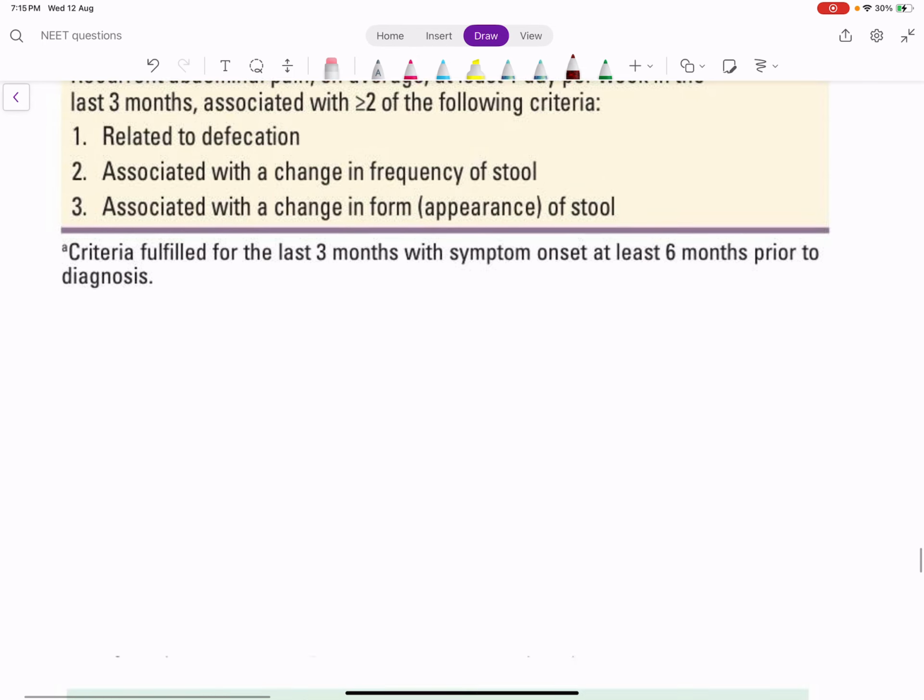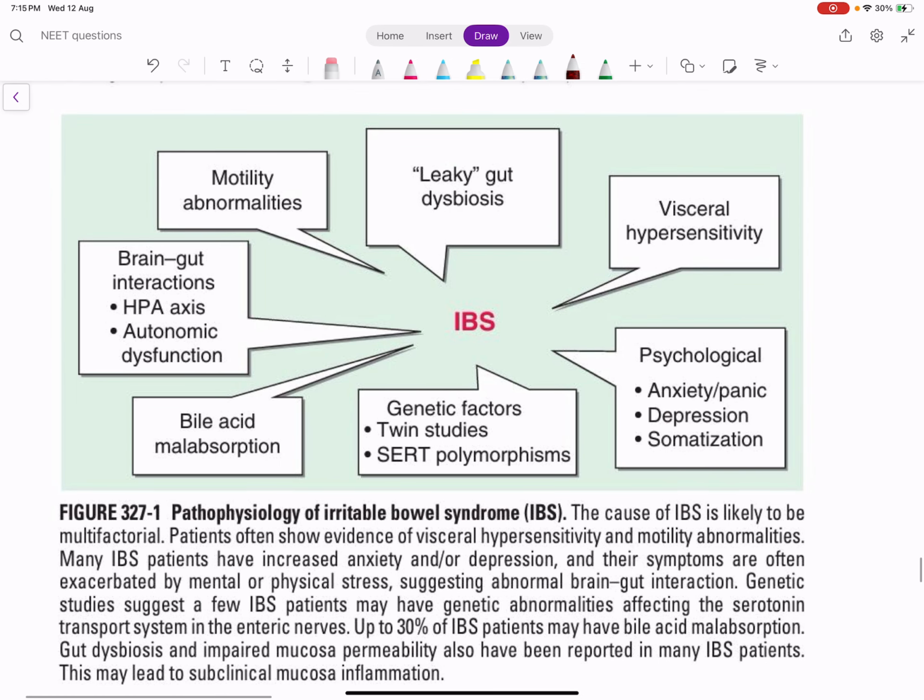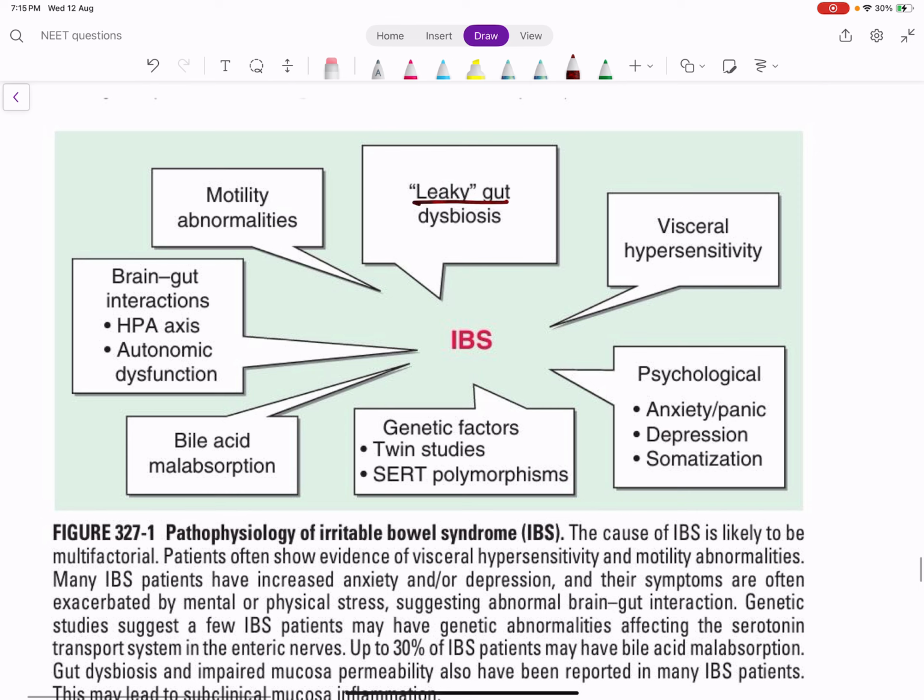There are multiple pathogeneses which are postulated. One is leaky gut dysbiosis, that is the person is having a totally different gut microbiome. We are not discussing the entire pathology here. It is said that compared to normal healthy individuals, people with IBS have a different gut microbiome. They may have visceral hypersensitivity.